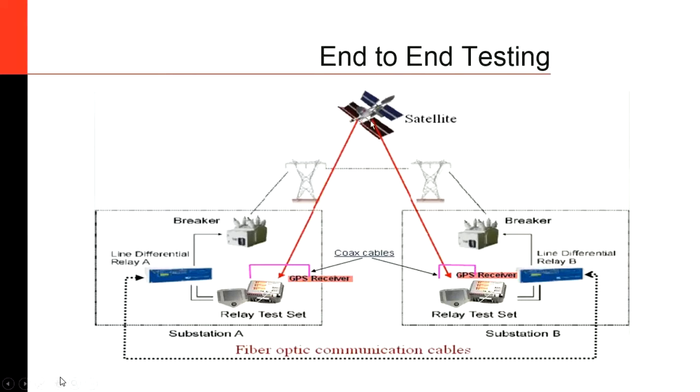And with that common time source, I can tell both test sets to begin testing at the same time, or to begin applying or injecting the signals that I designed as the signals that the relays on both ends of the line should see for a particular fault, okay?